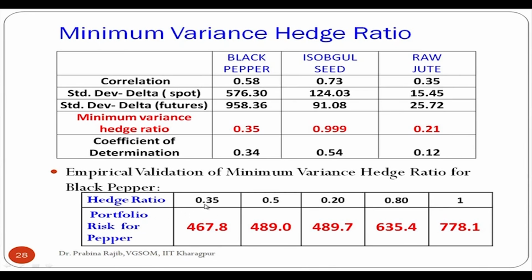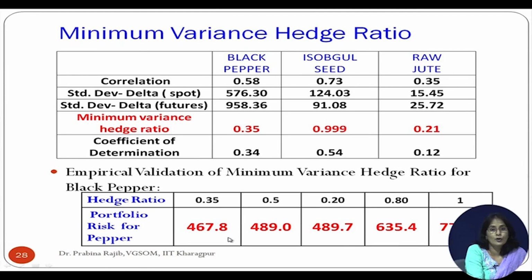If you recall, the minimum variance hedge ratio is 0.35, and the portfolio risk, that is the standard deviation of portfolio daily return, is 467.8.